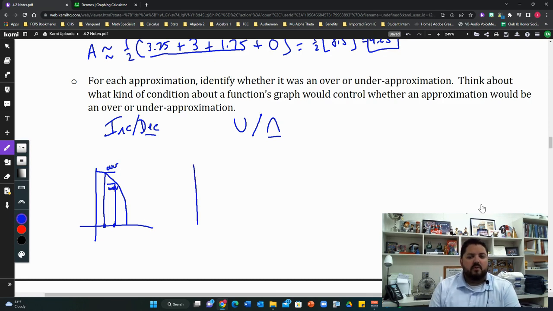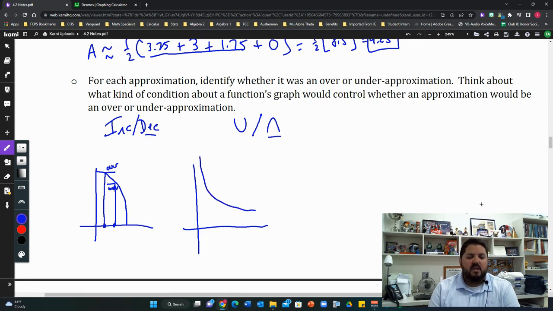To decide whether it's increasing, decreasing, or concavity, all we have to do is pick one of those characteristics to change. For example, let's say I change this function to a curve that is still decreasing, but now I switch over to concave up. If I had a concave up curve that was decreasing, it would have to look something like this.